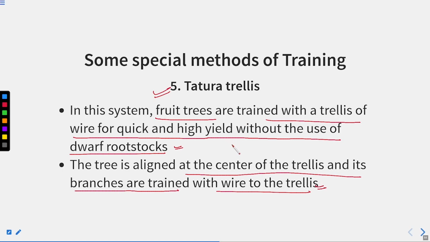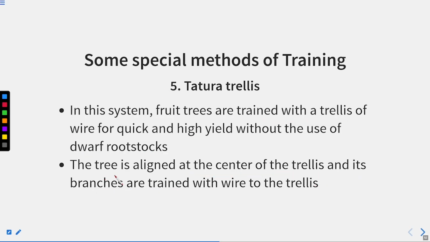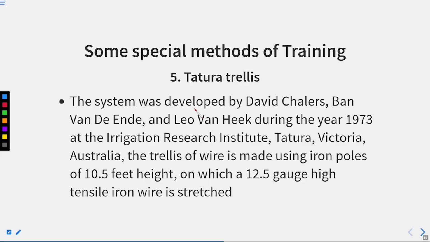So this is called a Tatura trellis because we are maintaining the appearance of the branches with the help of wiring it. The system was developed by David Chalmers, Ben Wendy Andy, and Leo Van Heek during the year 1973 at the Irrigation Research Institute, that is Tatura, Victoria, in Australia.